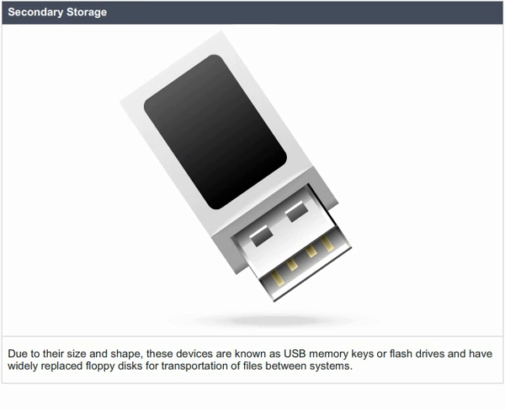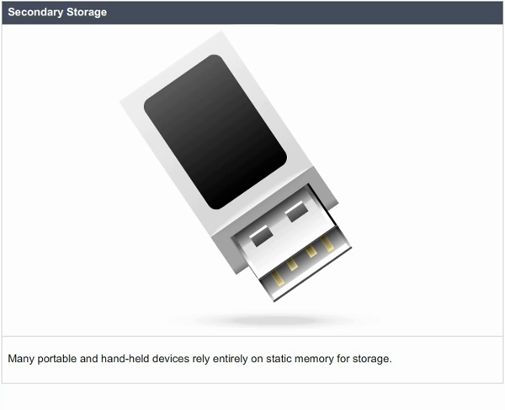Due to their size and shape, these devices are known as USB memory keys or flash drives and have widely replaced floppy disks for transportation of files between systems. Many portable and handheld devices rely entirely on static memory for storage.